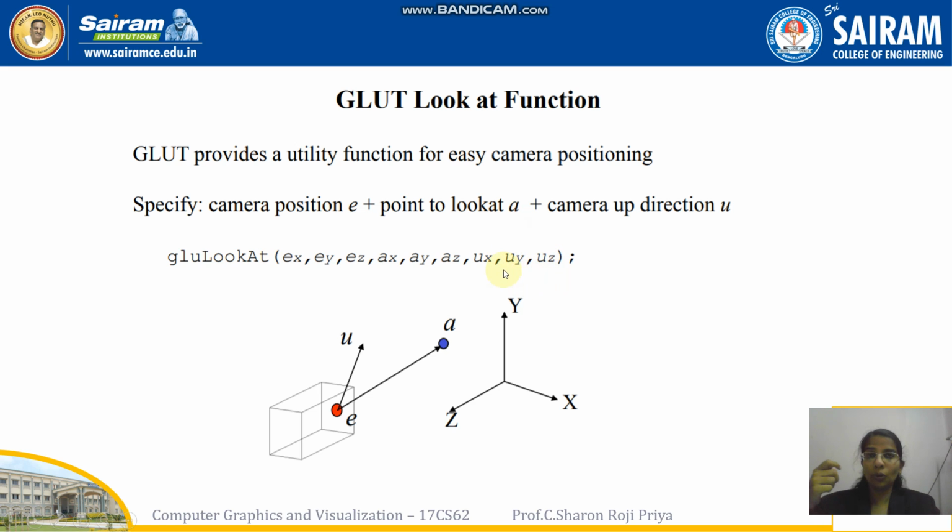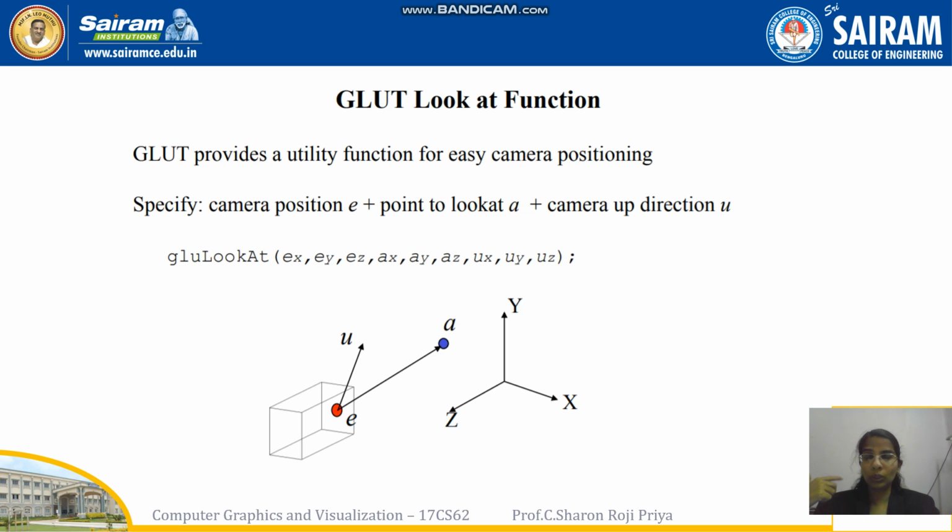The next three parameters are the up vector. At my eye point I'll have an up vector. Since it is 3D, this up vector will have an x value, y value and z value. So these are the parameters of my gluLookAt function. Sitting at a point, I'll be looking at an object, at a particular point in the object.